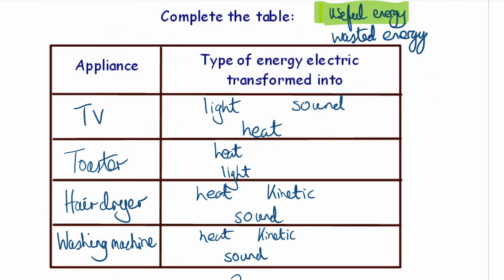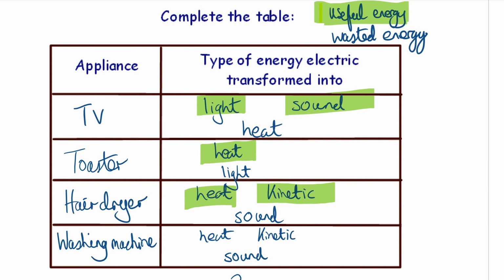Okay, now I've completed the table, and what I haven't done yet is just highlight the useful forms of energy. So the toaster, heat to toast the bread. In a hairdryer you need warmth, and that air needs to move towards your hair.